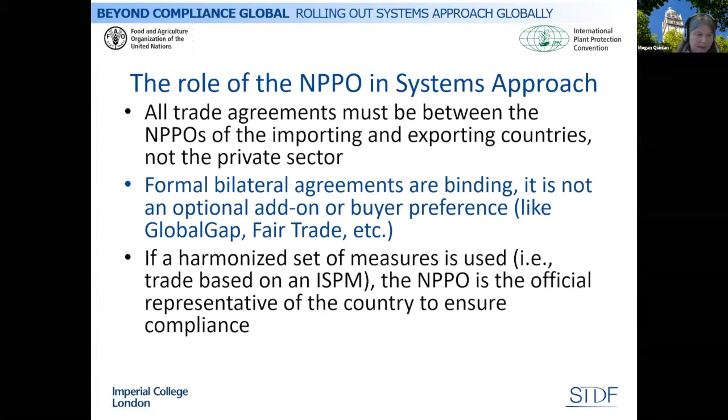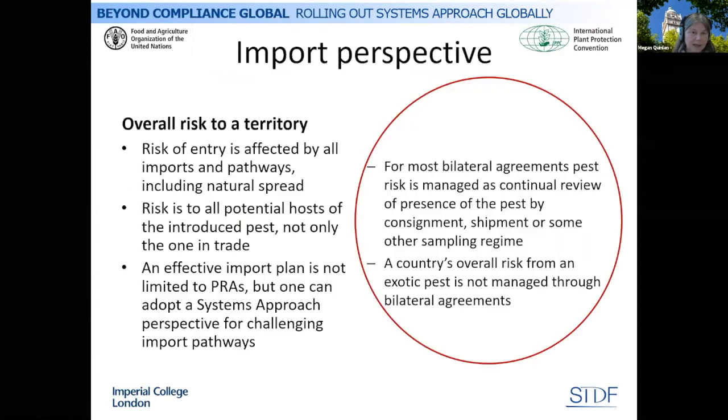I'll just quickly end by saying that the other thing that you shouldn't forget is that you have to take care of your country with your import perspective. So the overall risk to anybody's country is from many, many different sources. You may have a bilateral agreement for export or for import as well, but that doesn't cover everything related to that pest, most likely.